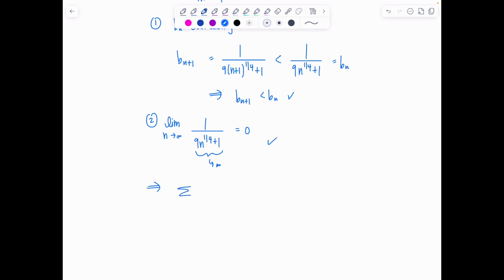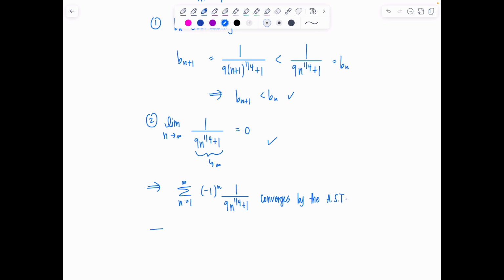So that tells me the sum, n equals 1 to infinity, of negative 1 to the n times 1 over 9n to the 1/4 plus 1 converges by the alternating series test.